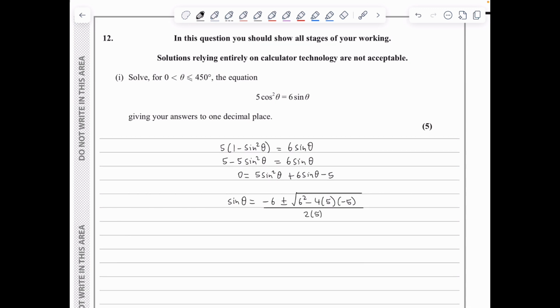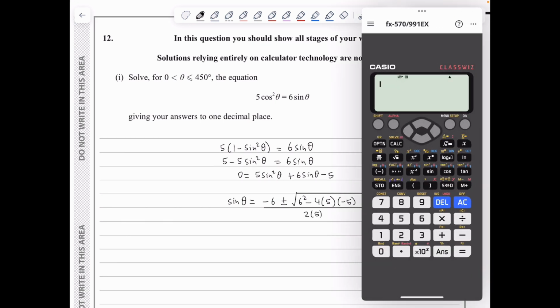Now it's okay to go on my calculator to run the quadratic formula, so I press menu, it's option A, it's polynomial of degree 2. Now we've got A is 5, we've got B is 6, and we've got C is negative 5. So the first solution is minus 3 plus root 34 over 5. So I'll write this here.